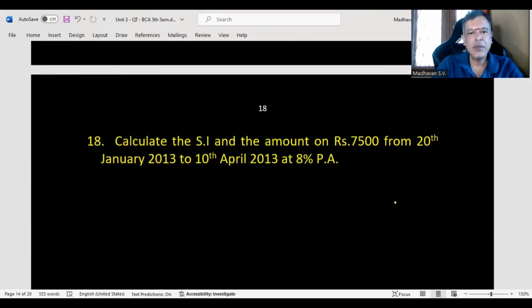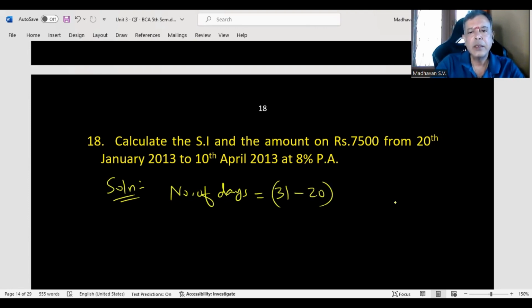Calculate the simple interest and the amount on rupees 7,500 from 20th January 2013 to 10th April 2013 at 8% per annum. First, let us calculate the number of days. In January, we have 31 days, but it starts from the 20th, so I subtract 20, giving 11.